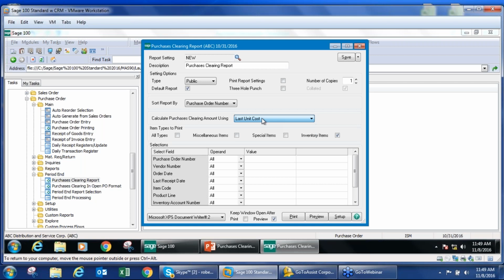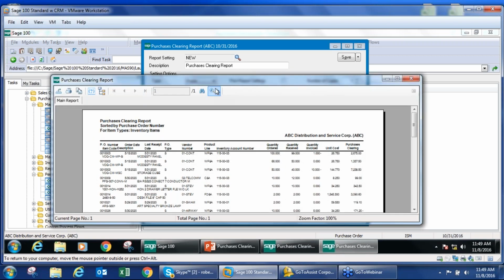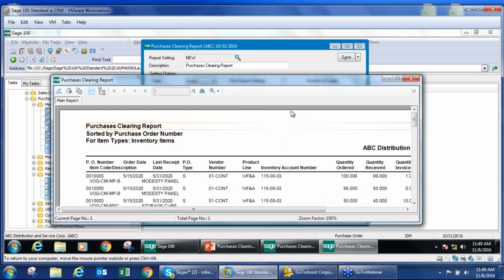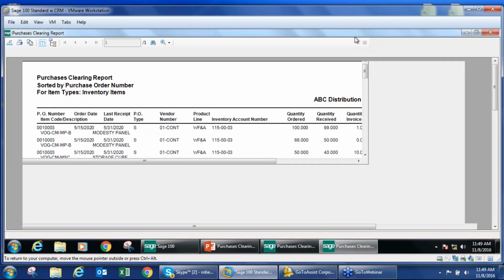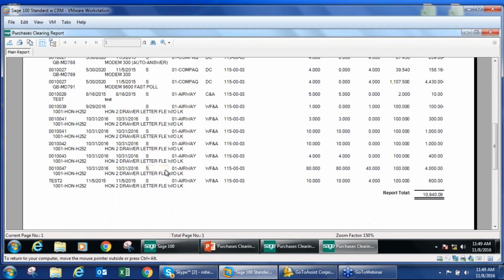We're going to talk about this in a second, but we're just going to run the report and see what it looks like on our one PO after we've done a receipt of goods for PO number 10047.